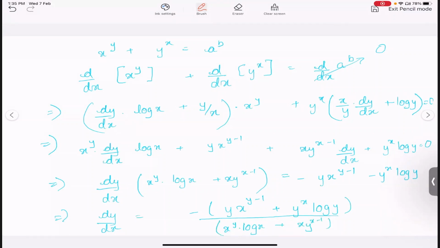Now the answer is written such that the y terms has been taken out in common. No, no, this is the answer. Yeah, that is the answer.